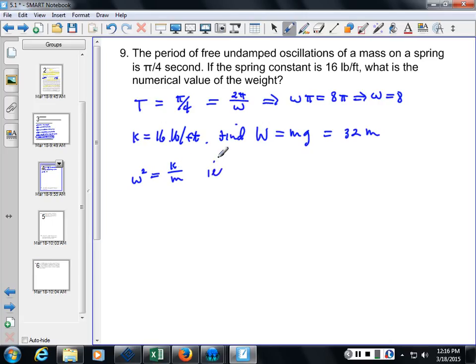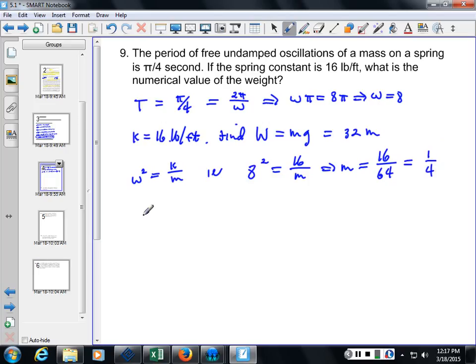So this is 8 squared equals 16. K is 16, right? That's over M. So that implies that M is equal to 16 over 64, which is 1 over 4.